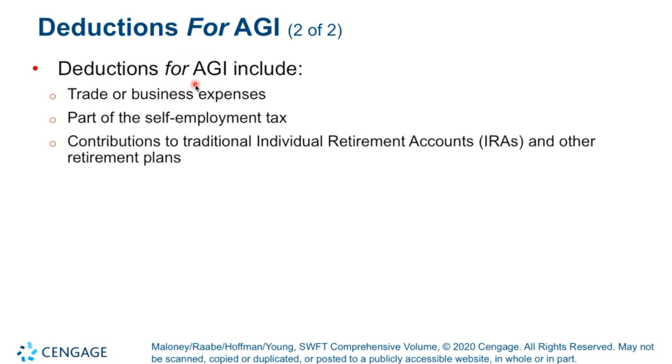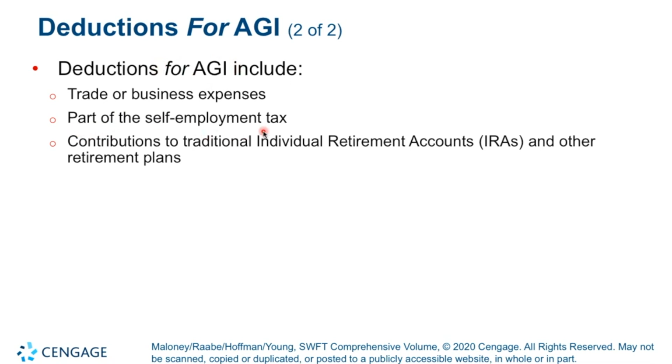Because AGI is used to calculate other sorts of calculations on the return for credits, for limitations, and so forth. So the lower AGI is, the more likely you can take bigger credits and qualify for more favorable lower income tax preferences. So that's why a deduction for AGI, decreasing AGI, is going to be better than one after AGI.